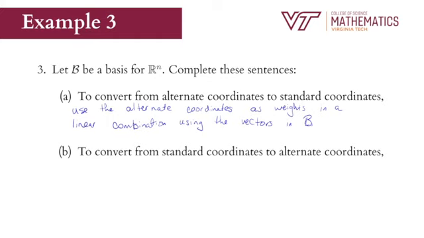So alternate standard is just solving out a linear combination. The other direction is a little bit harder. Let's go back and look at that one for a second.